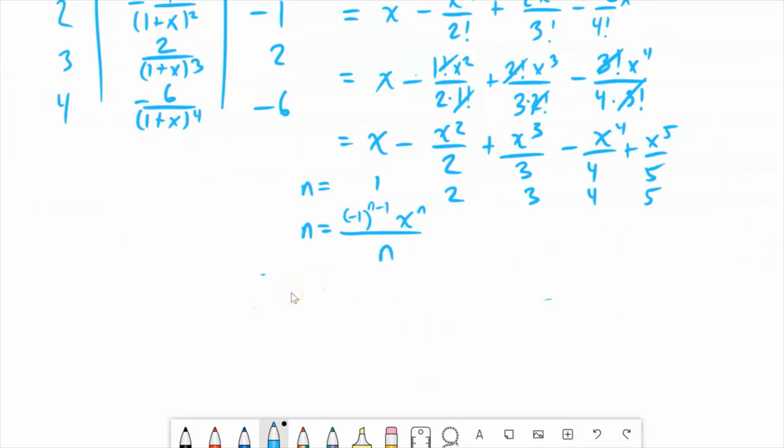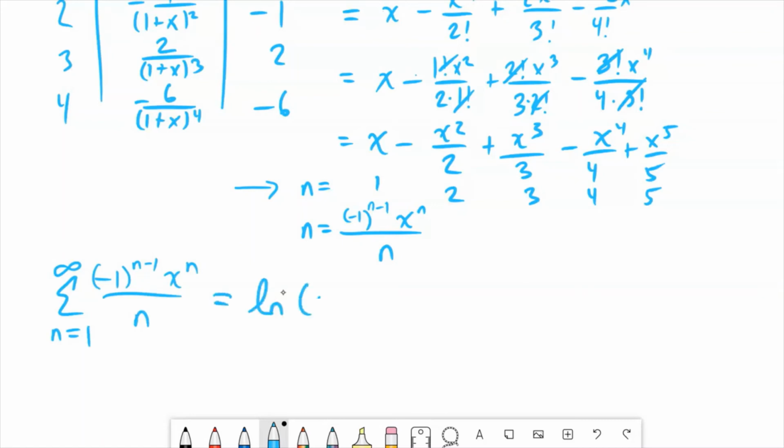Since we found the nth term, now we can write the Maclaurin part of it. Notice that I started at 0, but no, I actually have to start at 1 because that's what I said here. So if I start at 1, this is true, but if I start at 0, it's not true anymore. So you have to keep that in mind, because you might accidentally forget that.